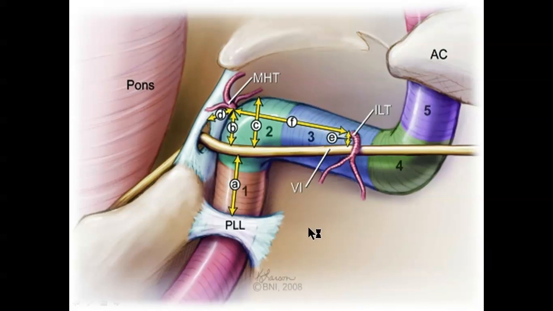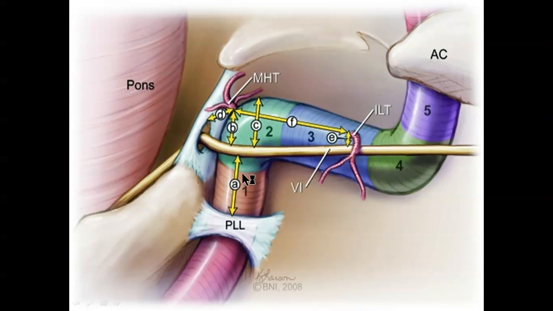As I've already mentioned, the cavernous segment of the internal carotid artery starts from the petrolingual ligament (PLL) and goes till the anterior clinoid process. Here's the anterior clinoid process, and here we have the posterior petrolingual ligament. The cavernous segment is drawn here.